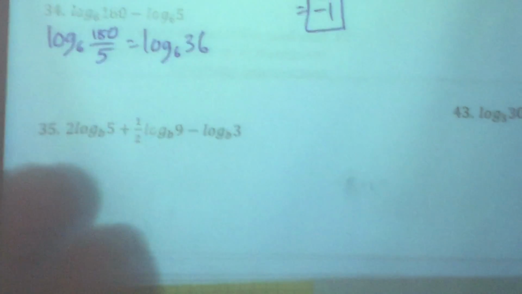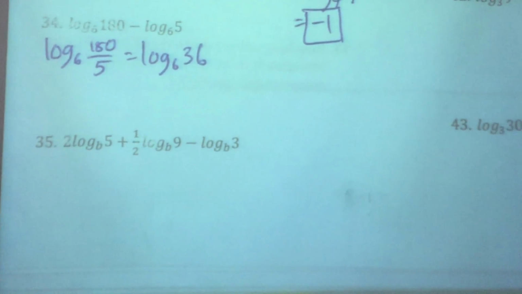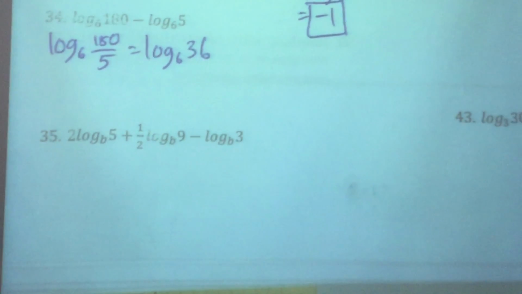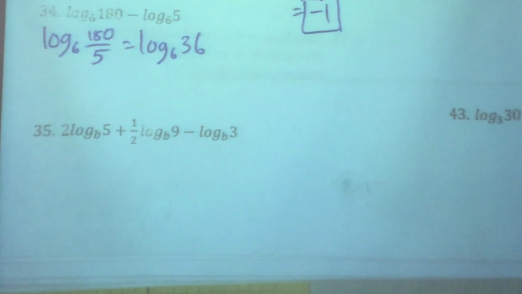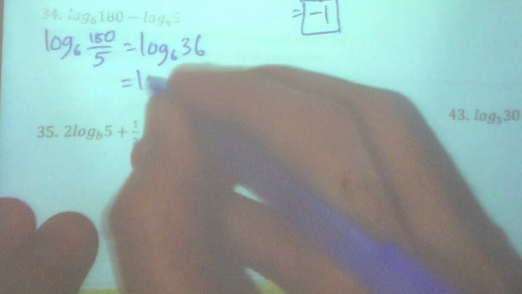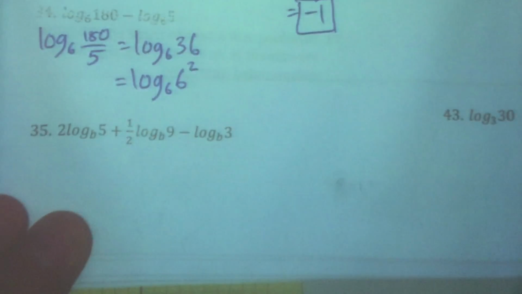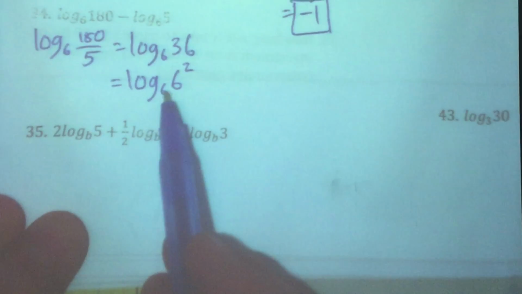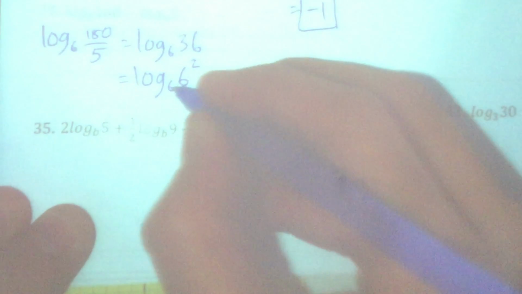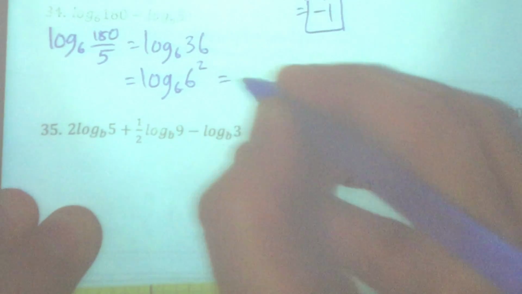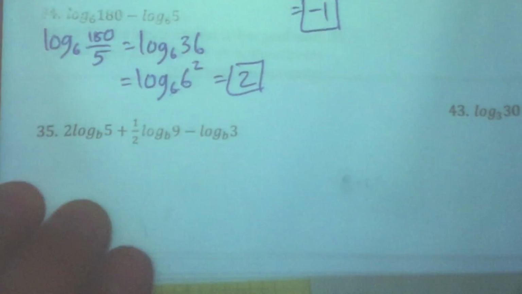I can keep going. I notice that 36 is a power of 6. Look out for those little things. That way you can continue simplifying. 36 is 6 squared. So I can write it as log base 6 of 6 squared. And now the base and the argument match, so the answer is just the exponent. That's just 2.